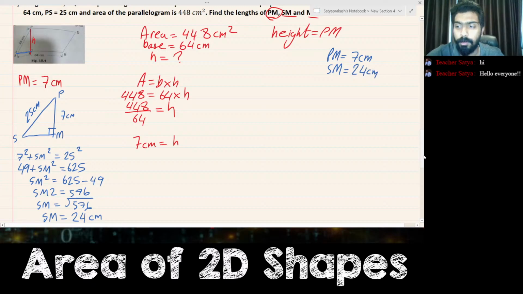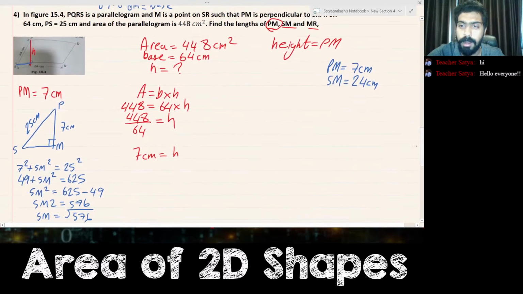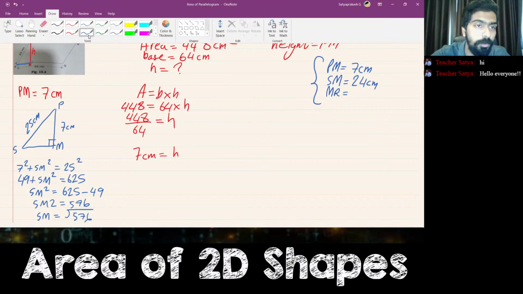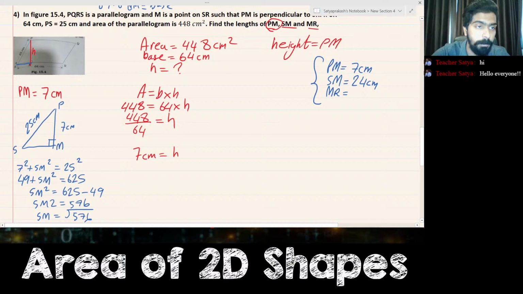Now we have to find one more, which is MR. So MR is how much? Let's first figure out where our MR is. If you take a look at this one right here, our MR is right here. Let me draw it out for you so you can see it more clearly. This parallelogram looks something like this with a triangle right here.